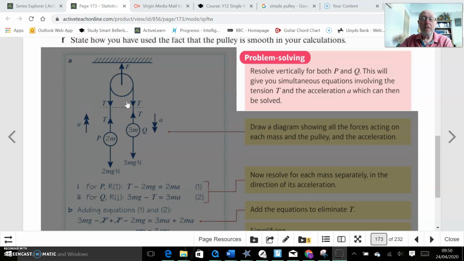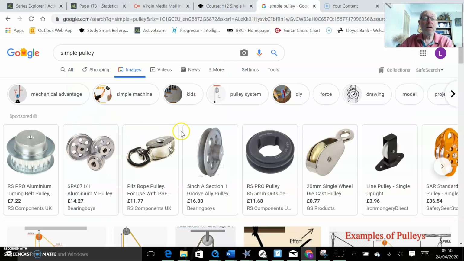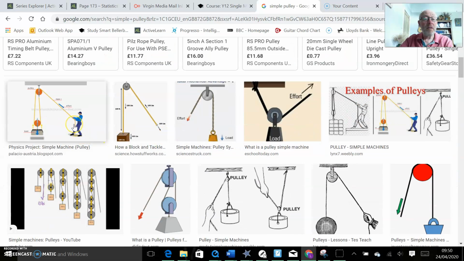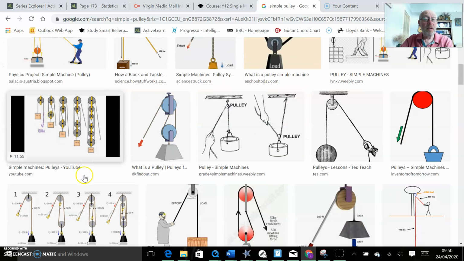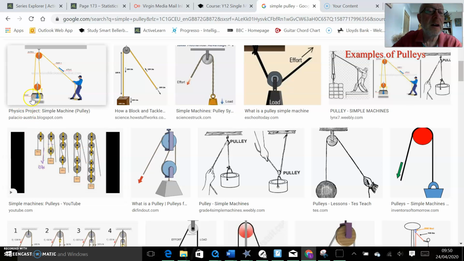Now, if you are not sure what a pulley is, we can go to Google. These are some images of pulleys, and this is what they're used for. Basically, you can make a machine, by which we're trying to make it easier to lift a heavy load.